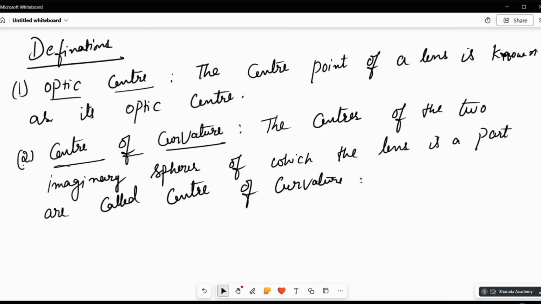So there will be two centers here, of the imaginary spheres. If you complete those spheres, where we get the two centers, that only we call the center of curvature.